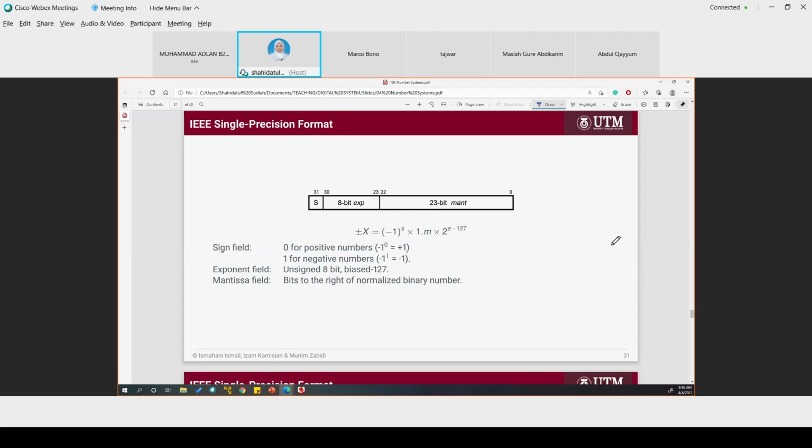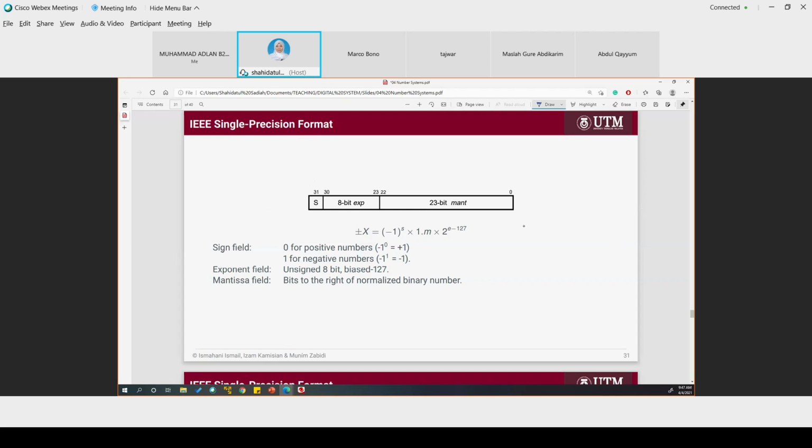For fixed point, we might focus on the 16-bit, which is the Q15, or any variation of the 16-bit Q format. But for the floating point, we're going to use the 32-bit single precision format.